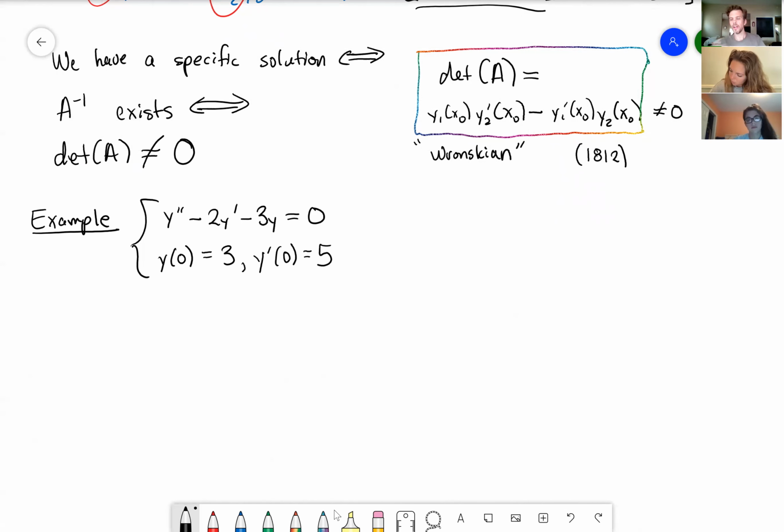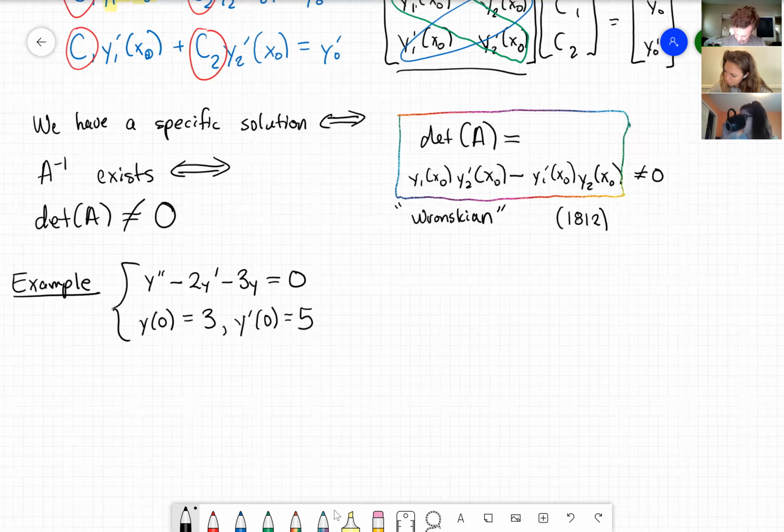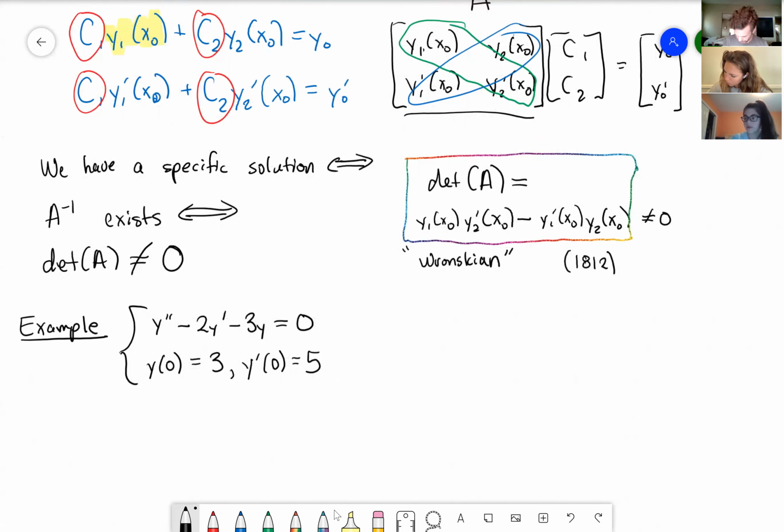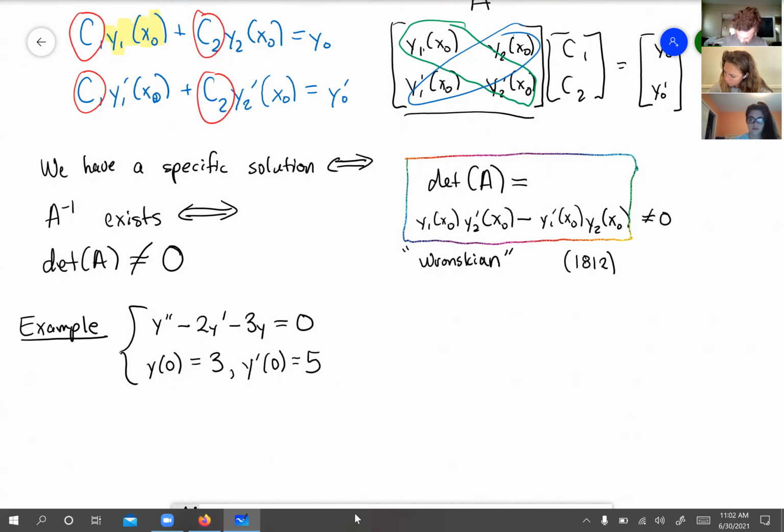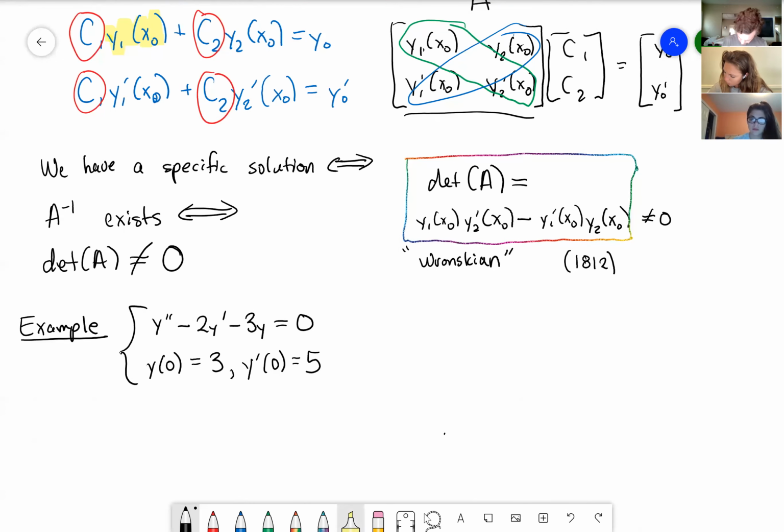Okay. I'll give you a second to write all this down, but I want to point out something that I think is pretty interesting, which is that if we look at this Wronskian, this determinant of A, what we see is that it's in terms of y1 at x0 and y2 prime at x0 and y1 prime at x0 and y2 at x0. The y0 and y0 prime don't enter into it at all, right?